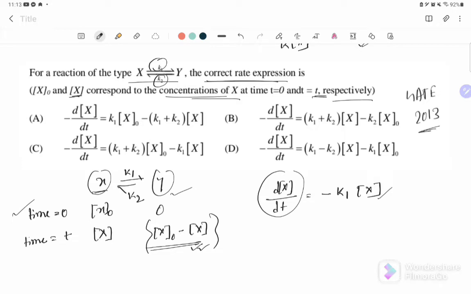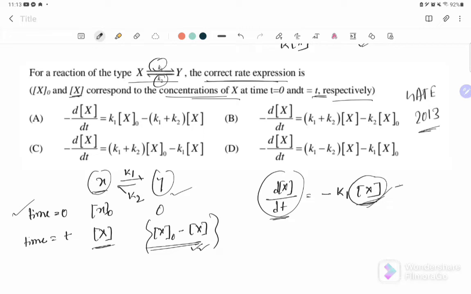So at time t, the concentration is x here, not x0.